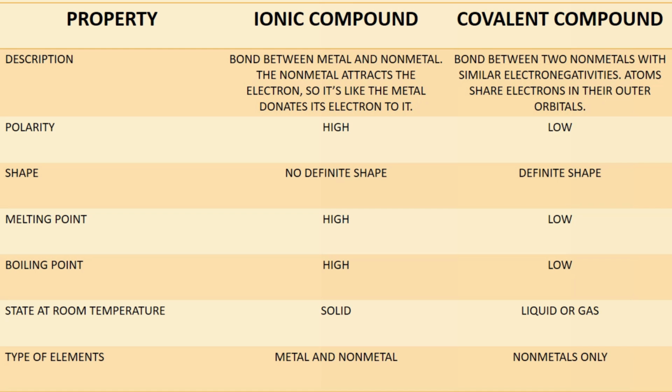The non-metal attracts the electron, so it's like the metal donates its electron to it. So, donation na nahitabo, nag-donate og electron sa metal to the non-metal para mas stable or maabot sa point na ma-achieve nila tong valence electron.